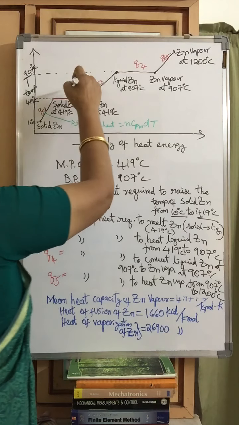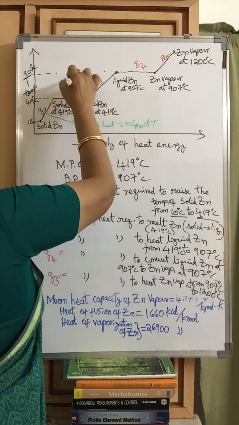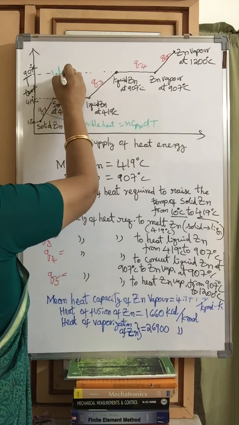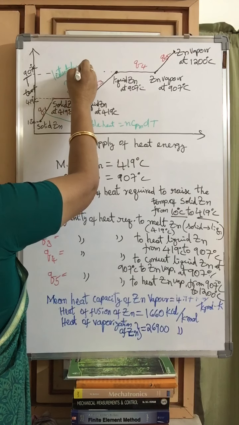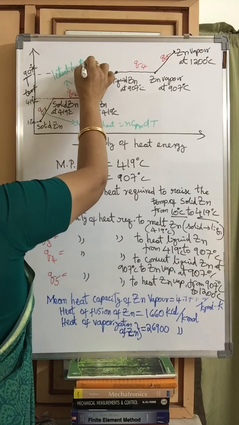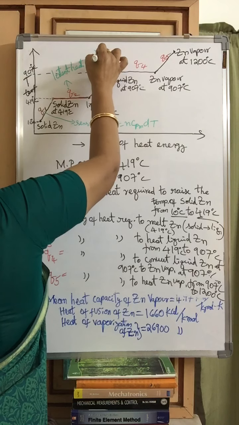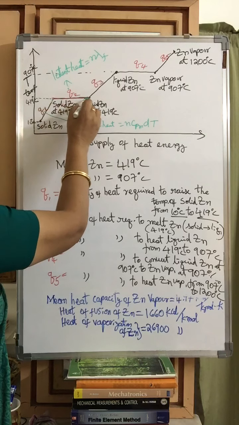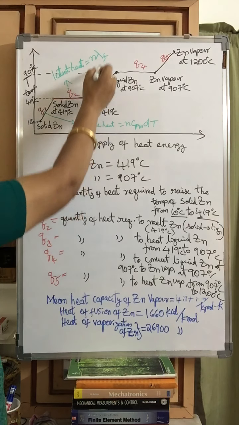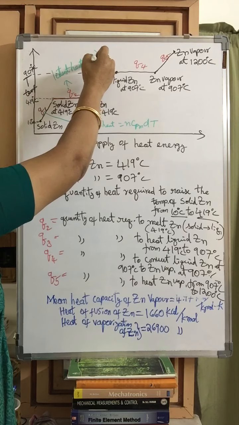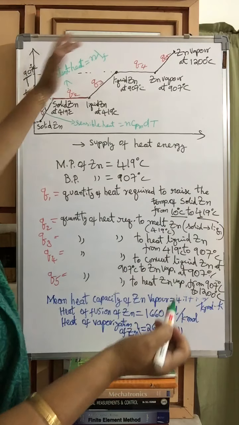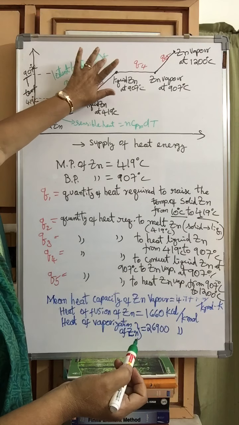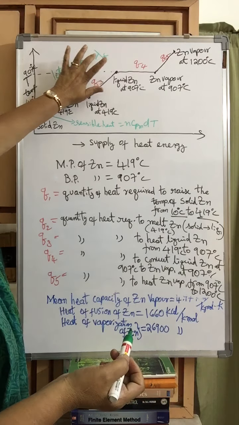And this is latent heat, which you can calculate using n lambda F. Because it is fusion from solid to liquid, we are taking lambda F. And n or m depends upon the units. If it is per unit mass, you take m. Per unit mole, you take n. Here also the same reason.